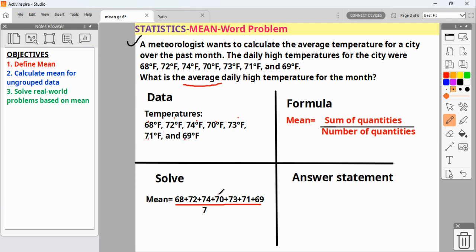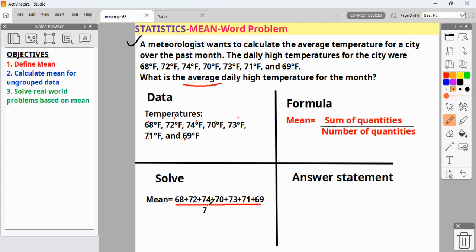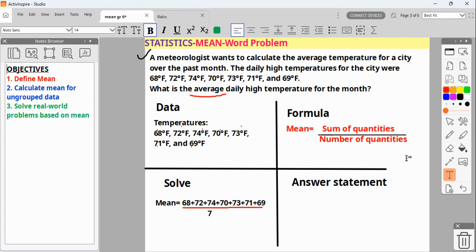Okay. So the next step, after putting values in the formula, we have to find the sum, then divide the sum by the number of quantities. We can find the sum by writing it in standing form like this. We can make a rough column at the right hand side, and we can add 68 plus 72 plus 74 plus 70 plus 73 plus 71 plus 69.